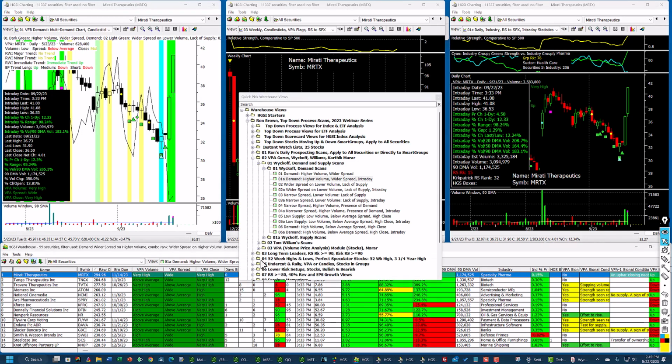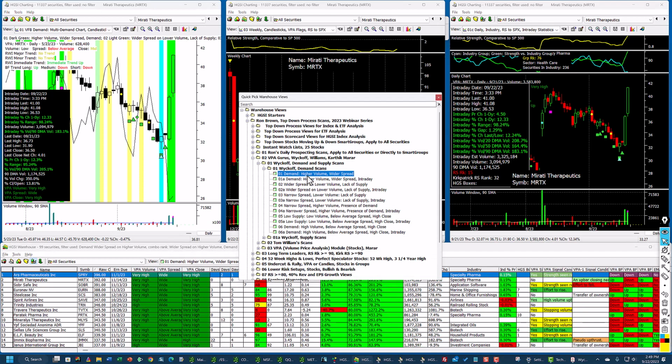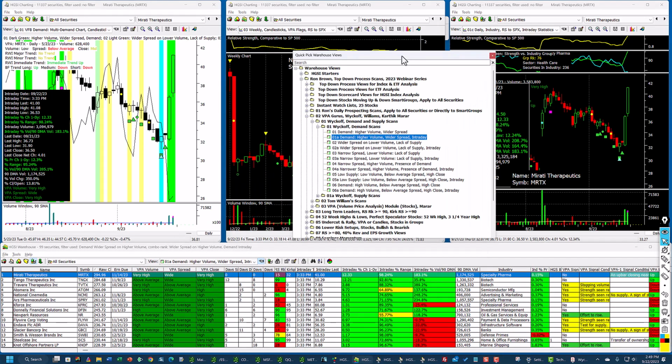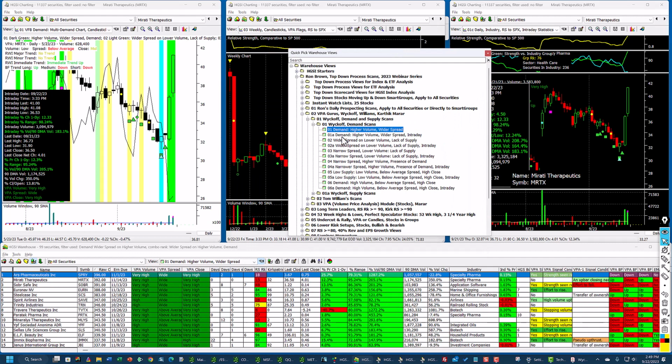Now, as with all my views, I have an end of day and an intraday, and they are sorted on different combos, of course. So a demand at the end of day was all of these stocks. Let me open this up if I can get to that window.